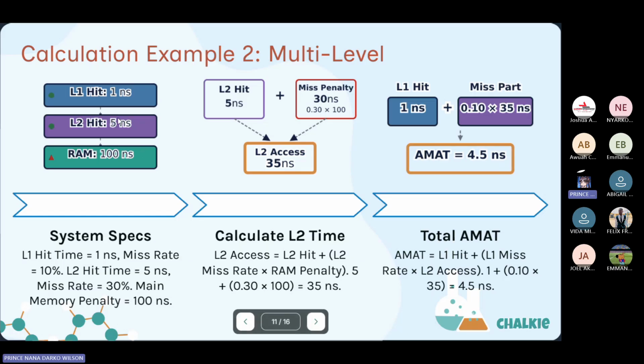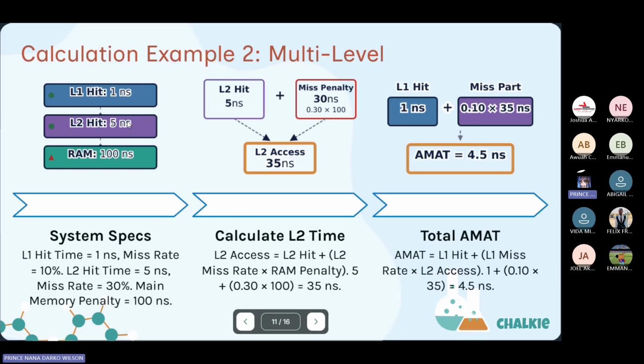Level 1 will try retrieving data from level 2, while level 2 tries retrieving data from what? RAM, in this case. So if I am calculating my average memory access time, let's start with level 2.